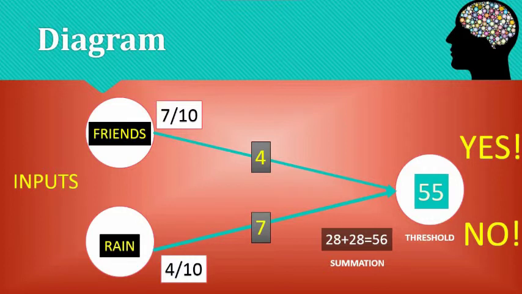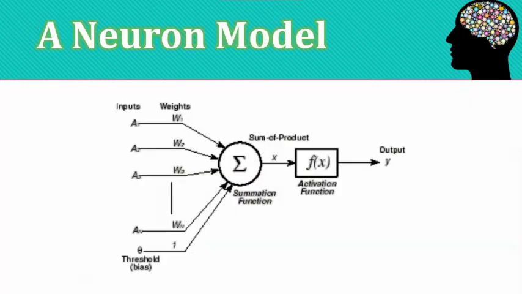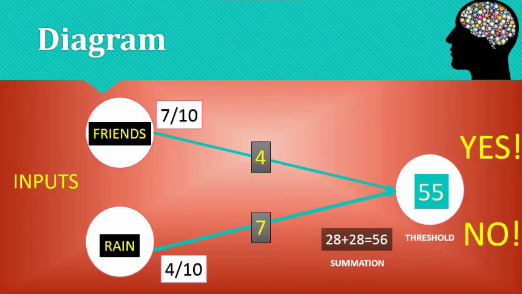So if the summation value is less than the threshold value, then you will go, and if the summation value is greater than the threshold value, you are not going to play. Now if my threshold value is 100 or greater than 100, your decision will always be yes, because here the maximum range is 100, and if the threshold value is 100 plus, then your value will always be less than the threshold value, so your decision will always be yes.